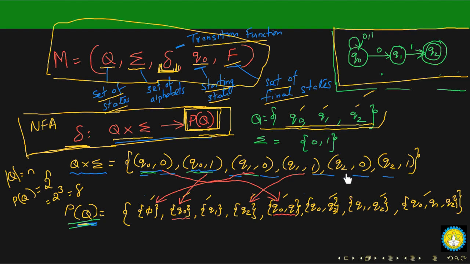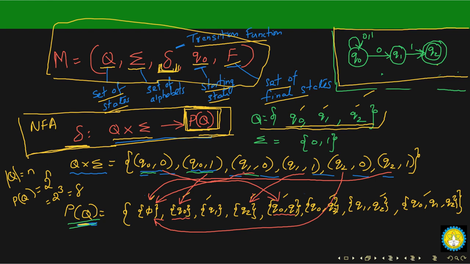Both these entries, (Q2, 0) and (Q2, 1), should be mapped to the null set itself. So let's do it. (Q2, 1) is mapped to the null set, and similarly this is also mapped to the null set.